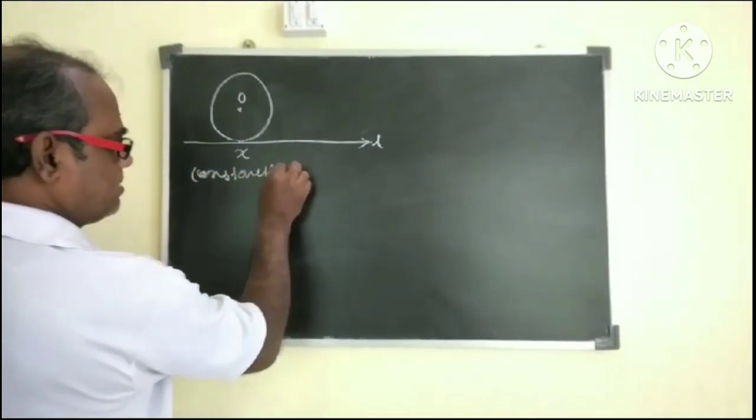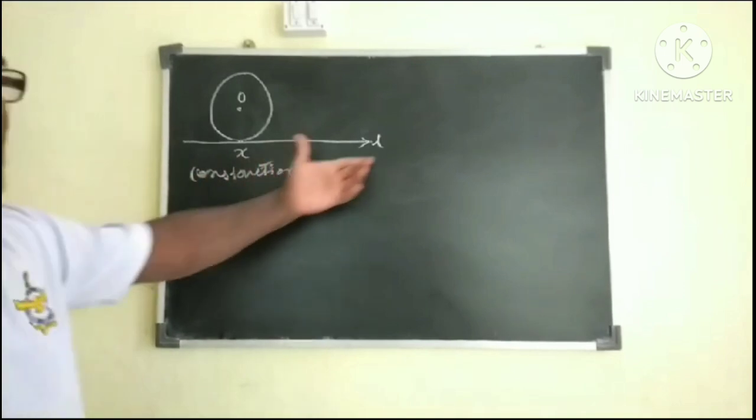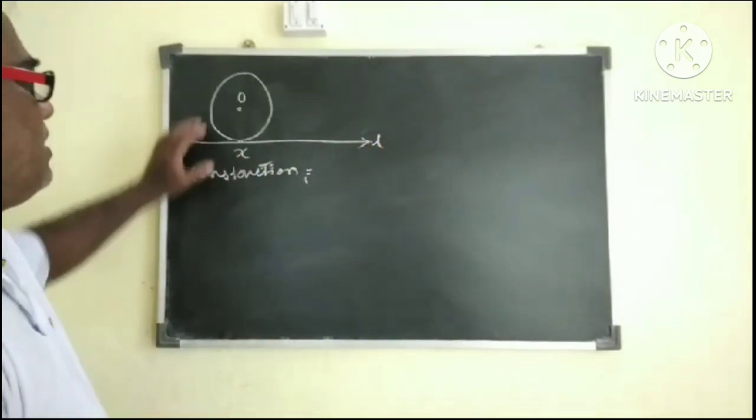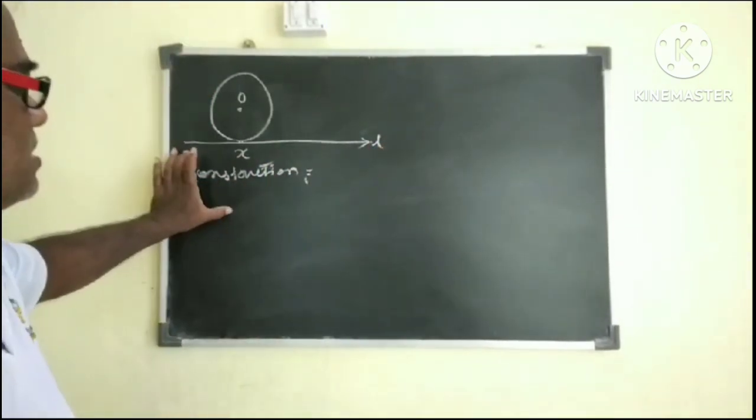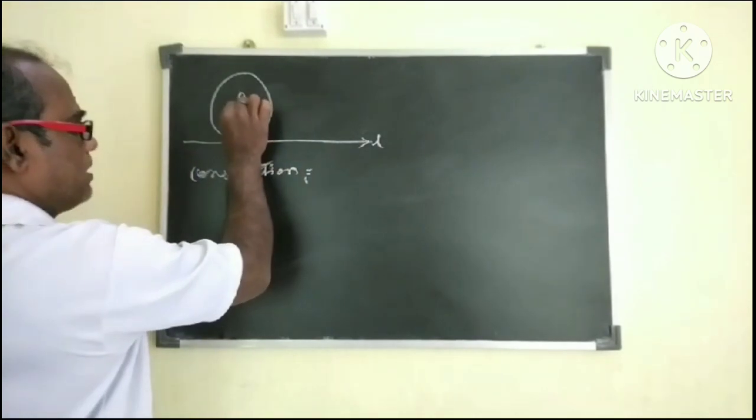If the question comes in the board exam, you have to write it in this way. This was given. This is the construction. You have to join OX.